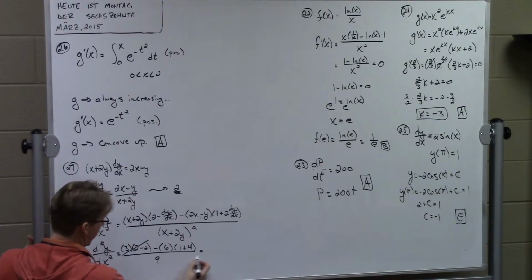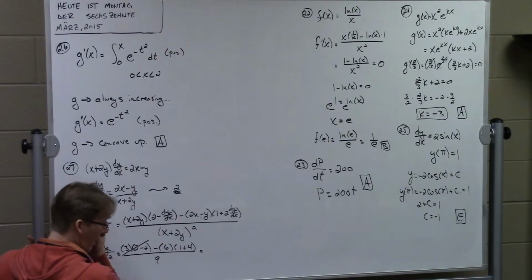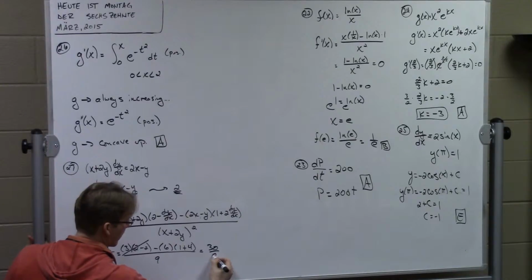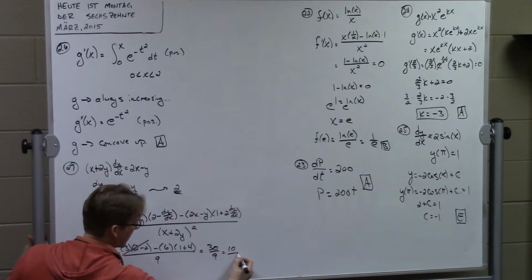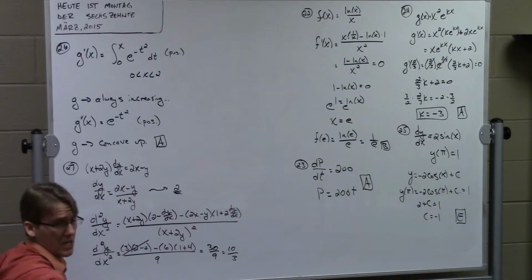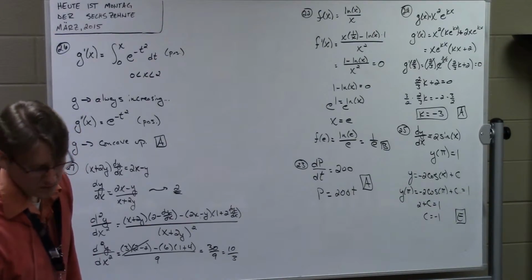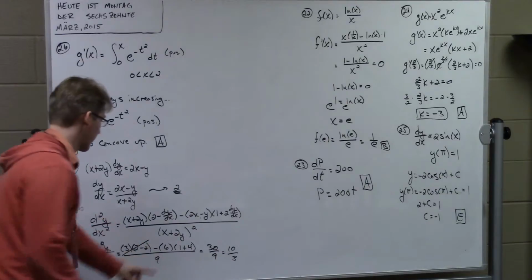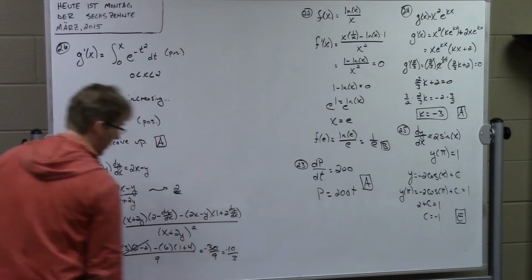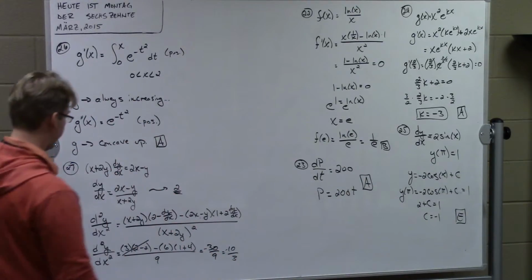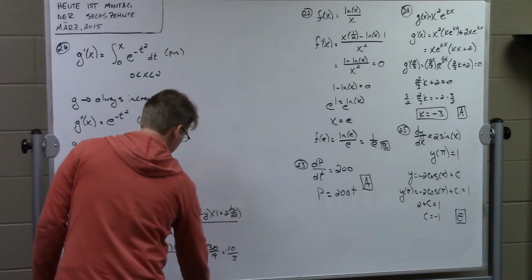Okay, so we get 6 times 5, which is 30, over 9, divided by 3, 10 over 3. Is it negative? Oh, you're right, negative. Negative 10 over 3. Good for you, thank you, I'd have gotten that one wrong. So, A. Good eye.